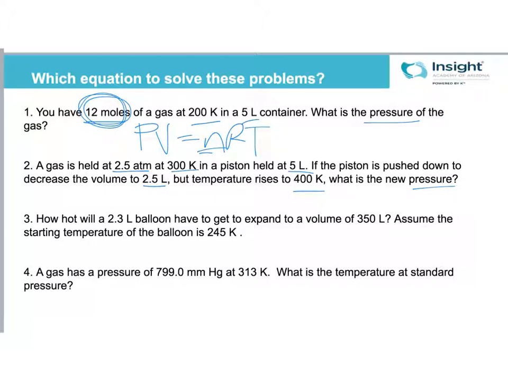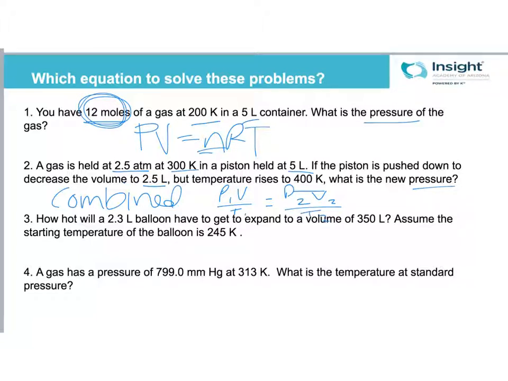I have a new volume, a new temperature, and I need to solve for pressure. So what equation has all three of those things on both sides? That's going to be your combined gas law, P1V1 over T1 equals P2V2 over T2.